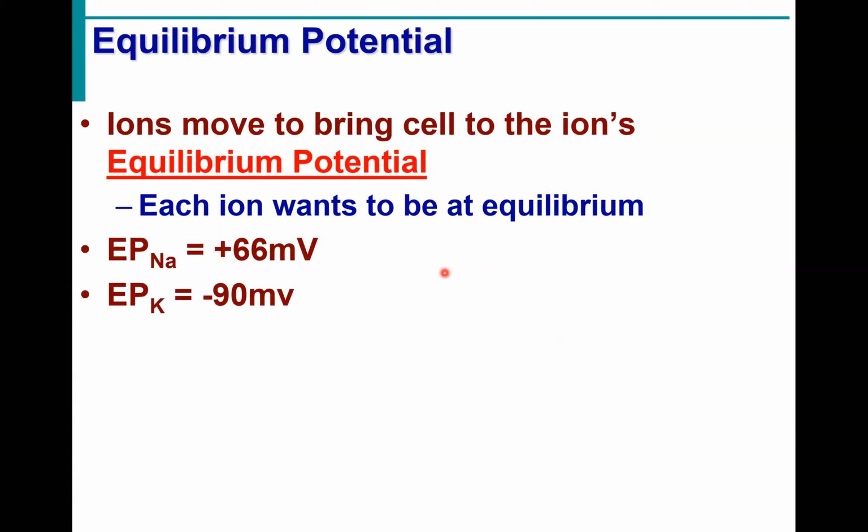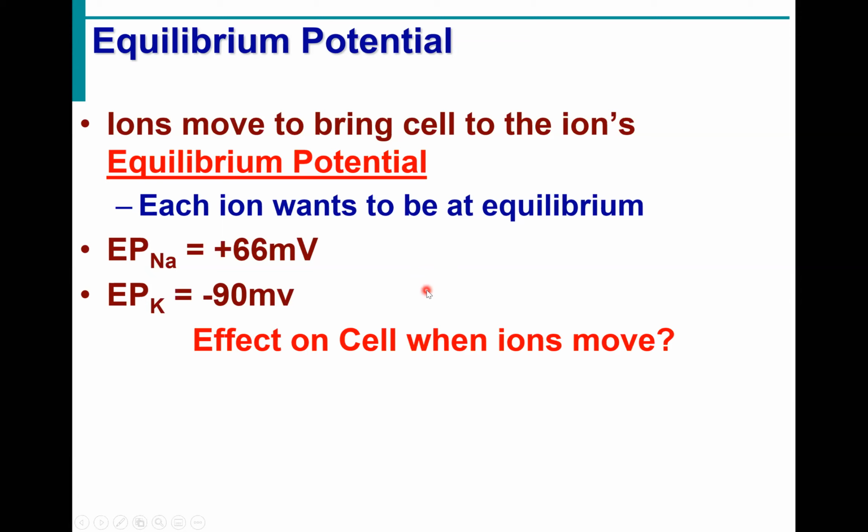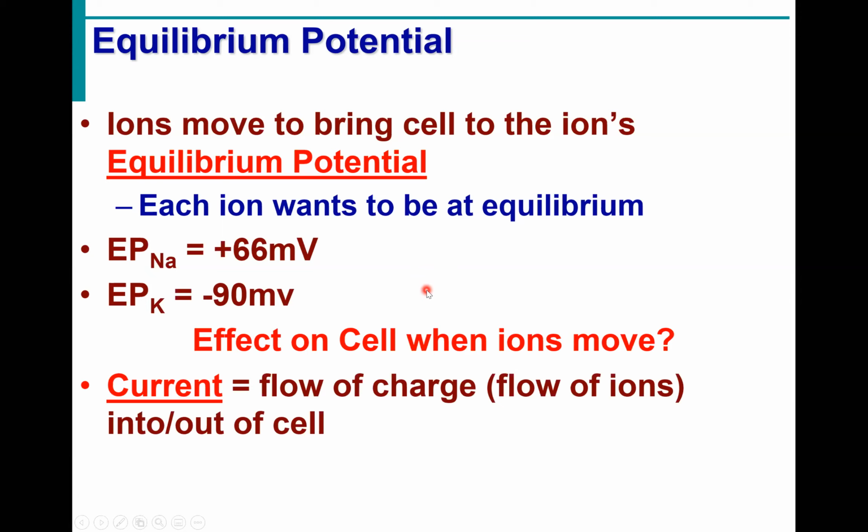And so if we use those gated channels, we can allow charged particles to move. And really, when a charged particle moves, that is a current, right? I know this is a physics class, we're not going to talk too much about electricity, but as we talked about flipping that light switch to turn on the light, an electron moves along a wire. A charged particle moves from one place to another, and that is the current that allows your light to be turned on.